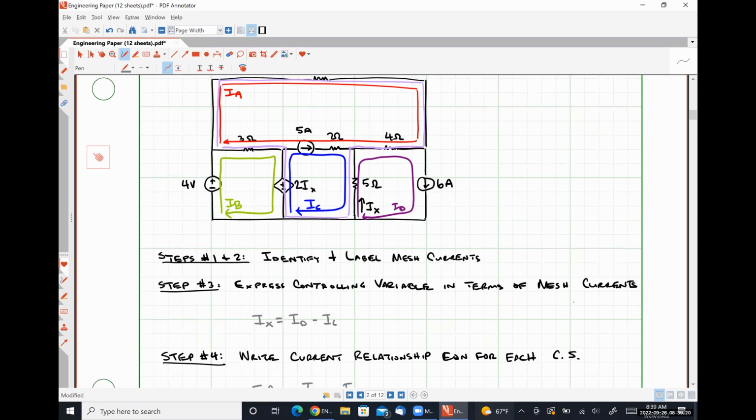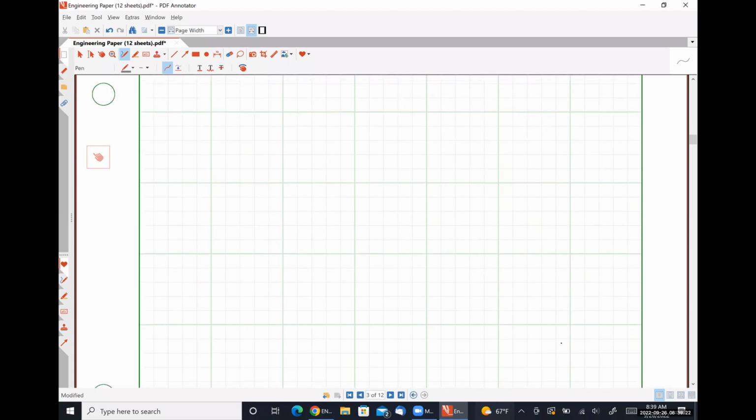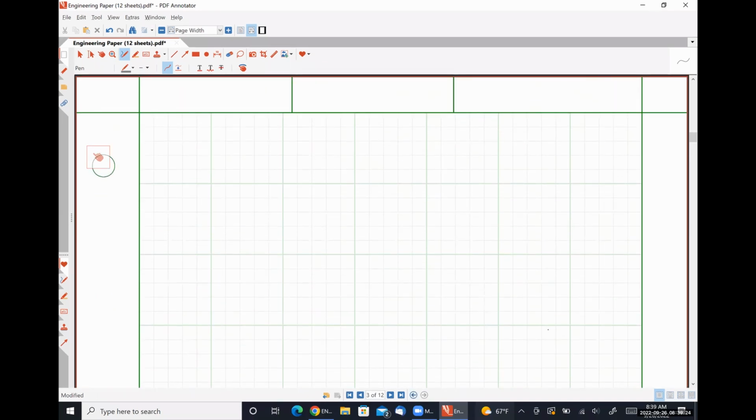So let me illustrate that specifically here, okay? I'm just going to draw a more simple circuit here that we're just going to look at very briefly. So let's say that we had the following circuit and we were going to attempt to do mesh analysis.